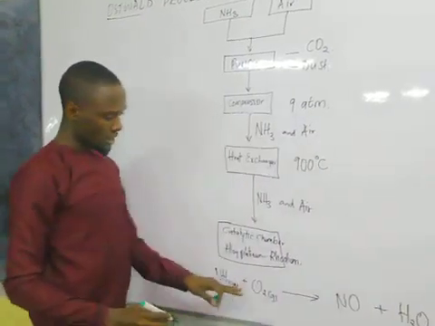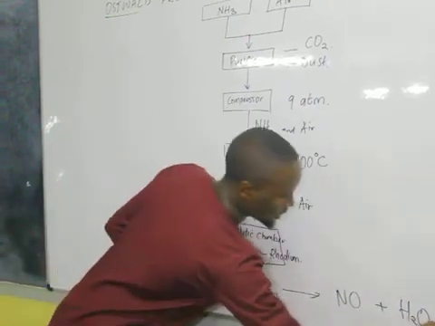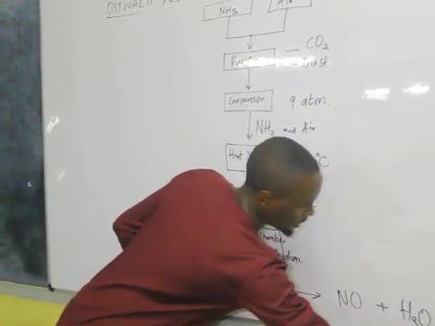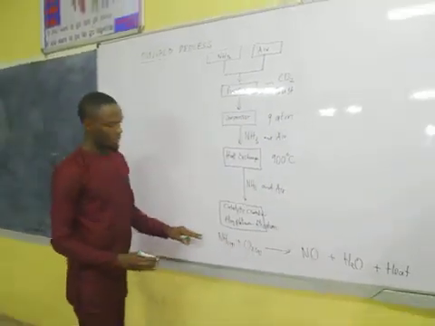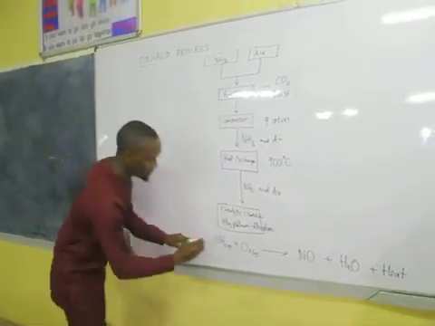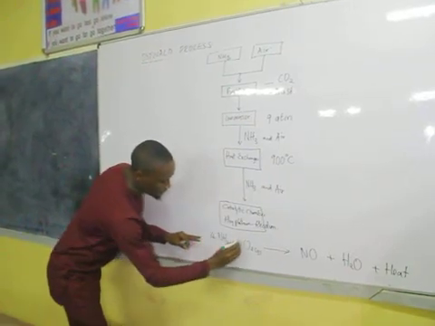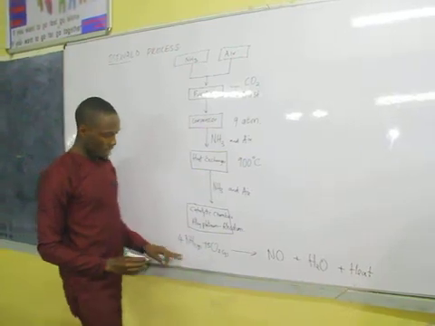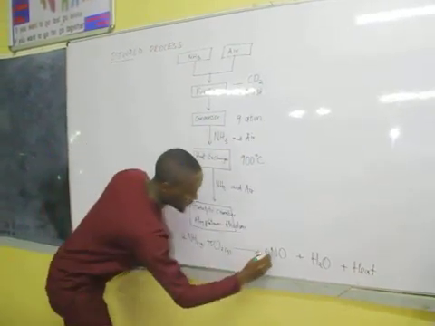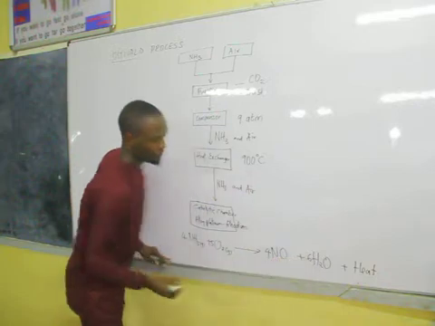But this reaction also releases a lot of heat, therefore I write heat here. Ammonia and oxygen react in a ratio of 4 to 5, and the products formed are in the ratio of 4 to 6.